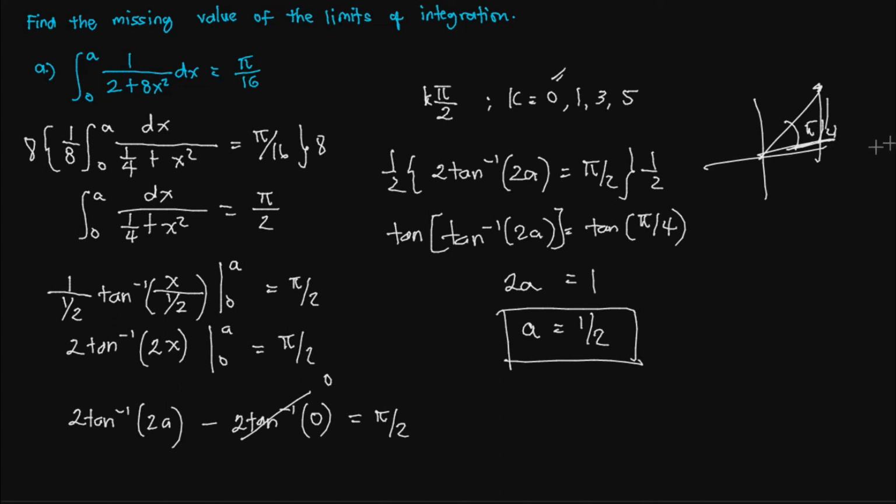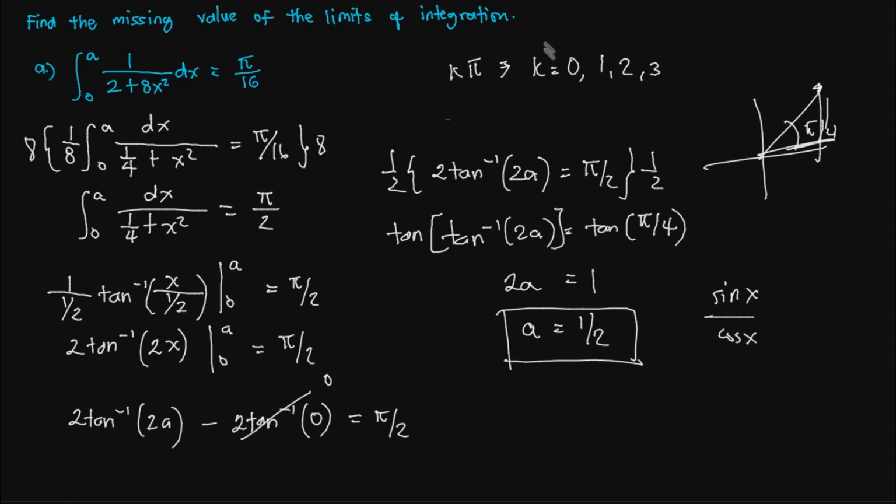And by the way, I would like to correct something here. Our tangent is sine x over cosine x, so the value for this case would be something like k times pi. So that is a correction: k could be equal to 0, 1, 2, 3. These can be the values, but it is not pi over 2.